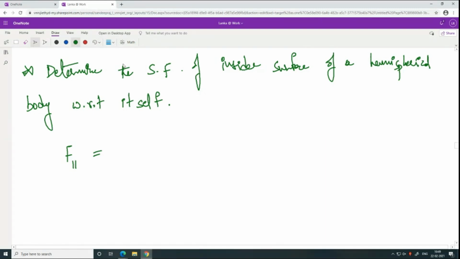Guys, can you solve this? You have a spherical body here. Okay, it's a sphere here.